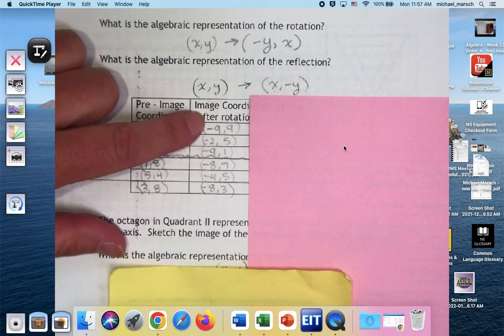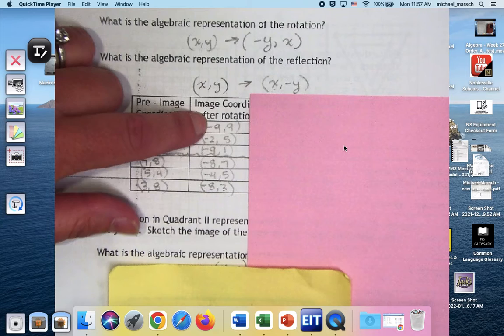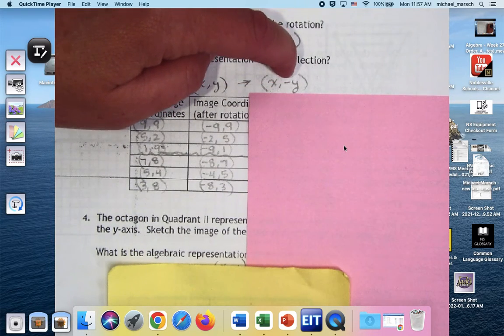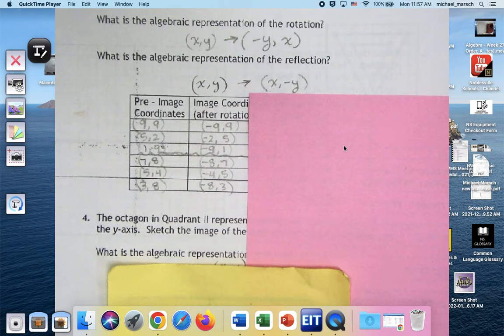So you're going to take this middle column, leave x alone, and make y the opposite value to get that third column of ordered pairs. That third column is what you will then plot on the coordinate plane.